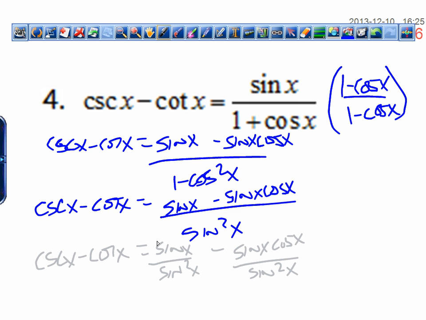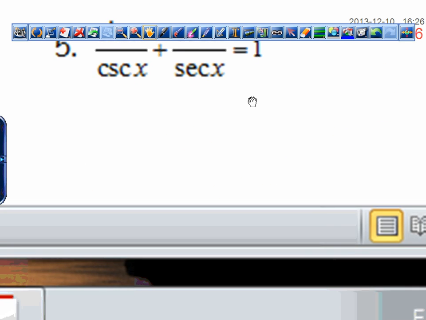And as you can see there, if I got one sine on top and two sines on the bottom, one would cancel out. So I got 1 over sine, which is cosecant of x, which is what we have over here. And then one would cancel out there. So I got cosine over sine, which is cotangent of x. And what do you know, look at that. It matches. And then the last one, numero cinco.